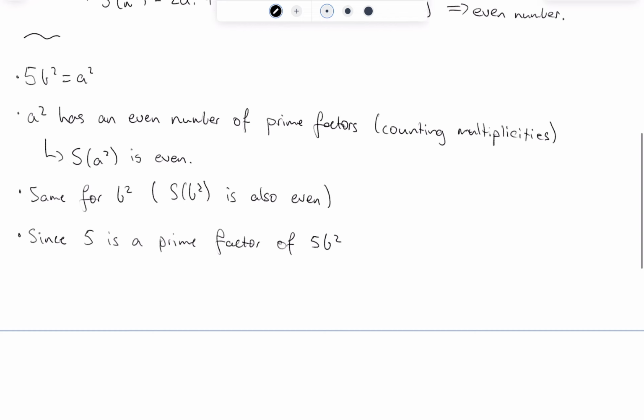So since 5 is a prime factor of 5b squared, S of 5b squared must be odd, because an even number plus 1 has to be odd.